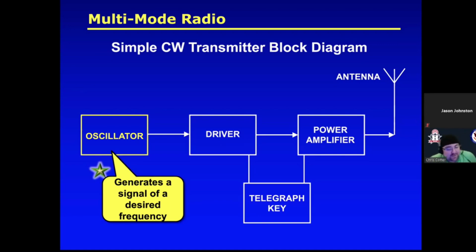That is your oscillator, which then gets passed to your driver and your power amplifier, and that's all controlled. The actual transmission is controlled by your telegraph key. But that oscillator generates that signal where all the other information or signal is kind of added on in order to get that CW transmission.